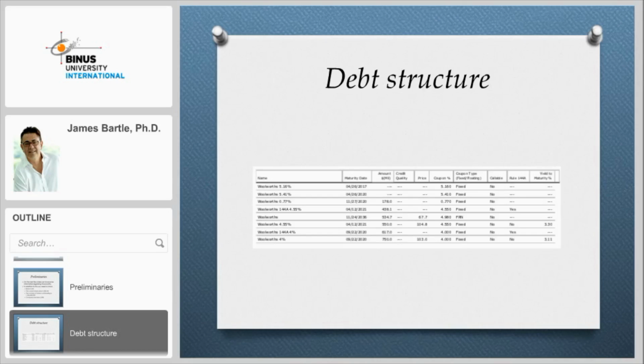So you'll find that the interest rates here, 3.30 and 3.11, are not the same interest rates that you find in their annual report, because in their annual report what we have is their book interest, not their market interest. So these are all the notes, or all the debt, that Woolworths has issued onto the market.